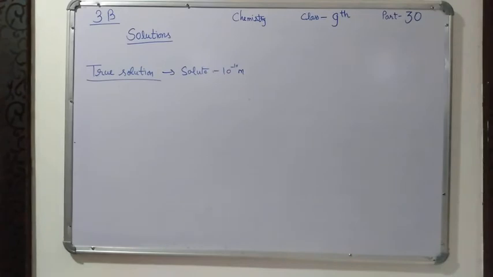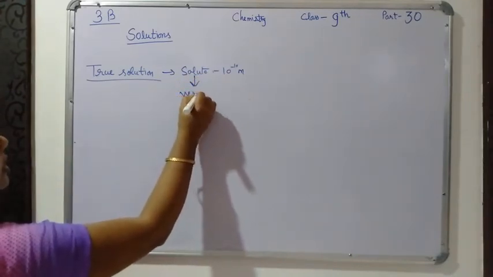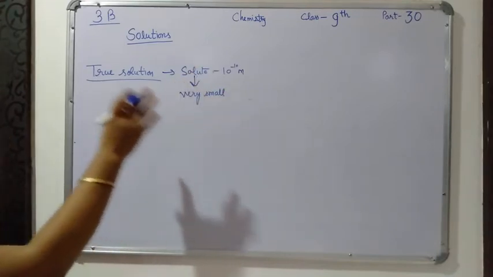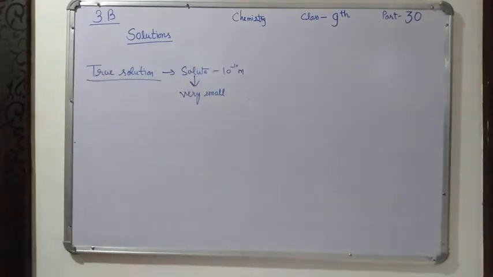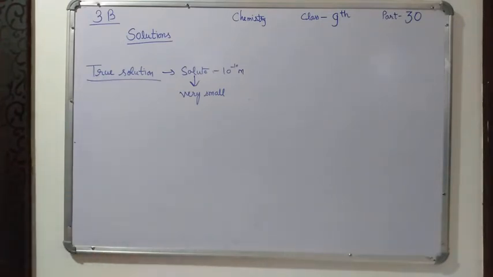When the size of the solute particles is very small, that type of solution is called the true solution. A solution in which the size of the solute particle is about 10 raised to the power minus 10 meter is called a true solution.